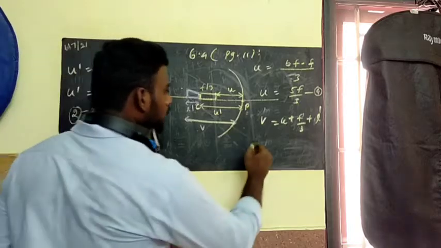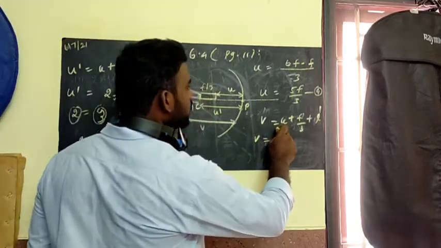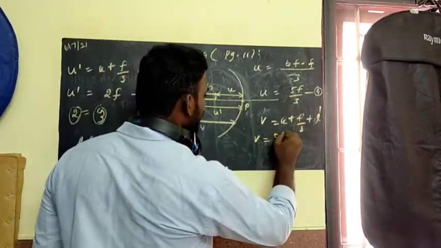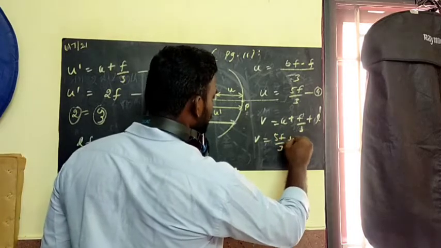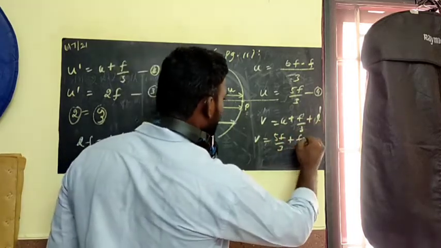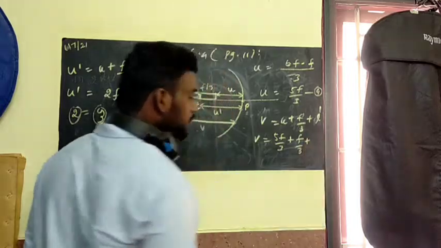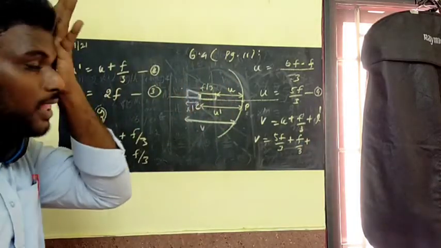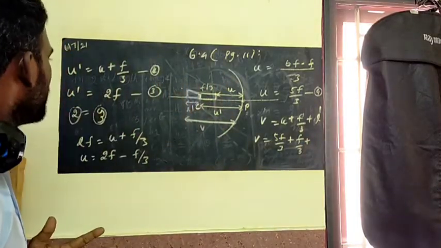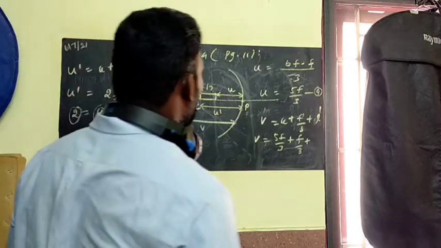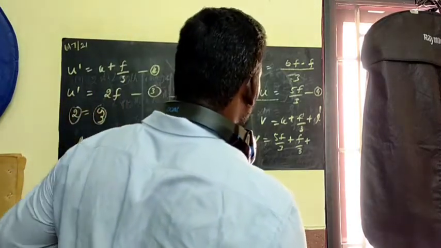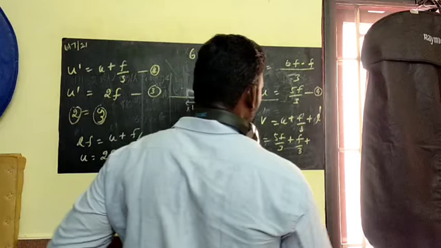Is that clear? So v equal to, what is the value of u? That is 5f by 3, plus f by 3, plus L dash. What is the L dash?